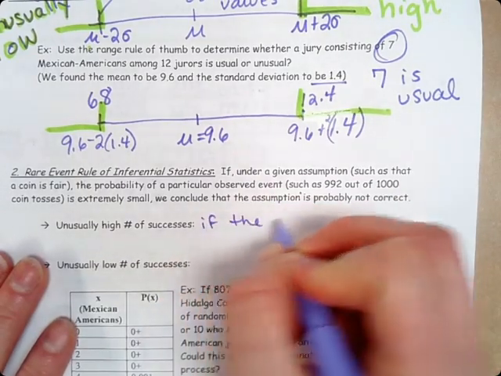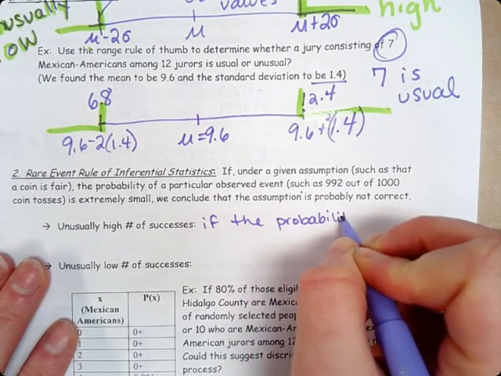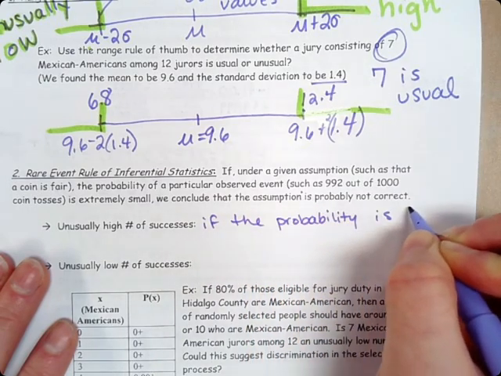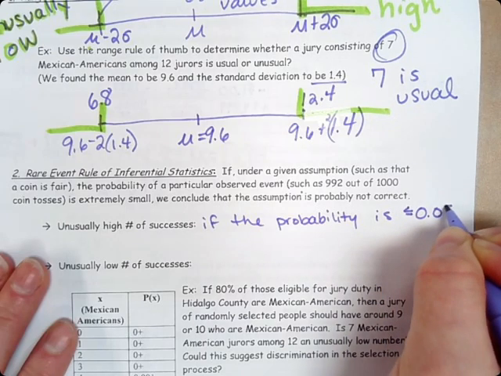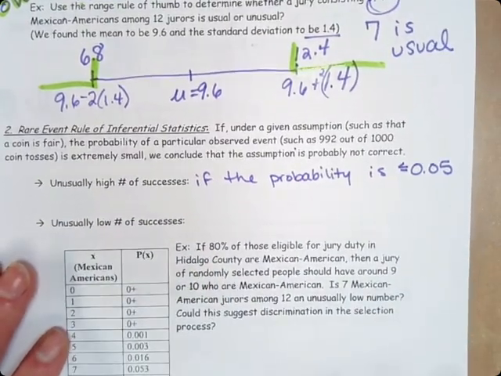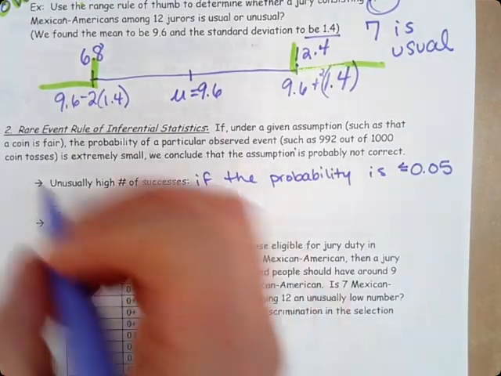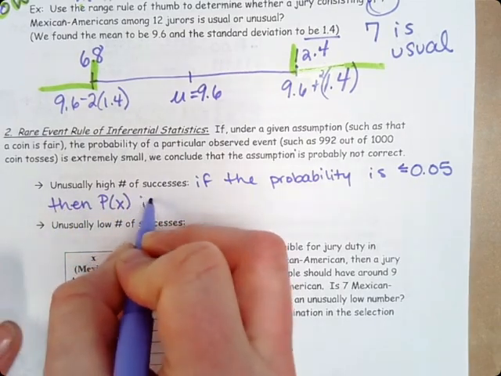If the probability is less than or equal to 0.05 for that number of successes, then P of X is unusually high.